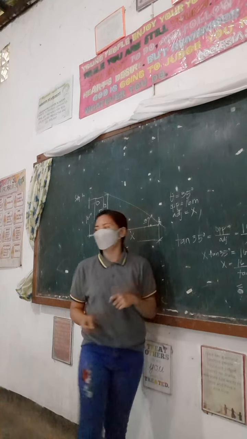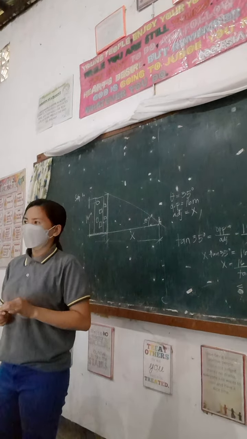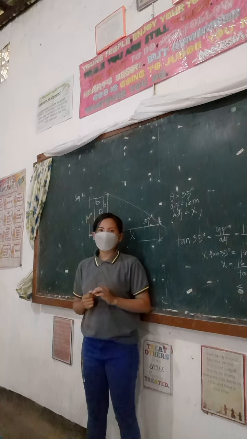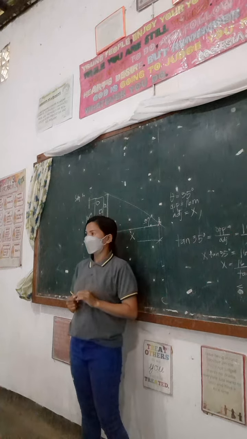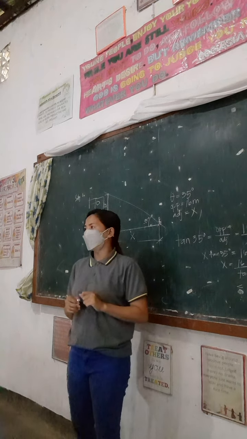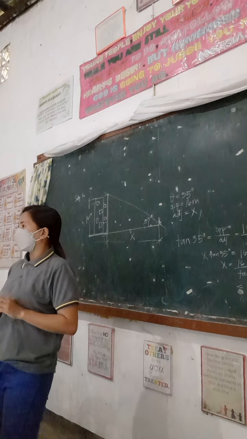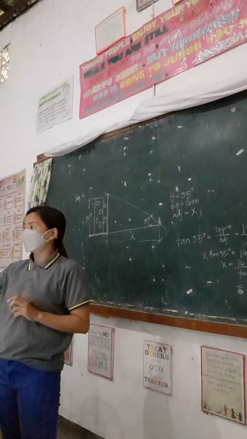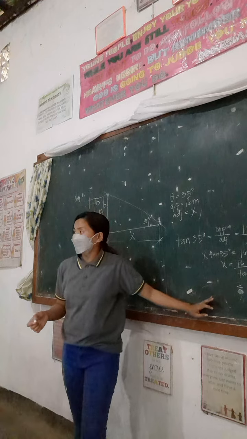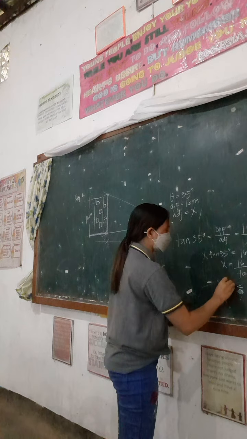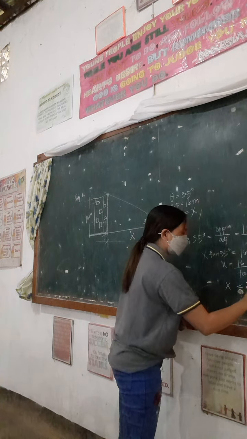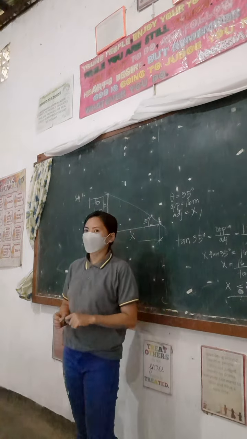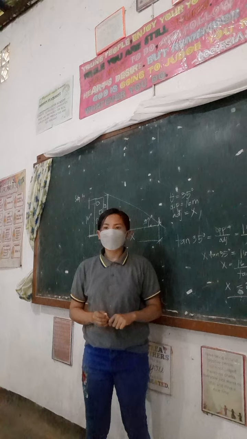What is the value of x? Anyone? What is tangent 35? 22.85. So that is the distance. So x is equal to 22.85 meters. Do you follow? Yes.